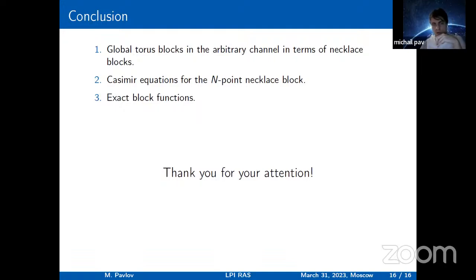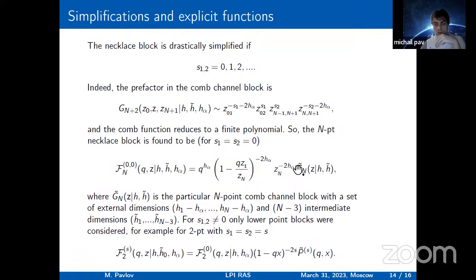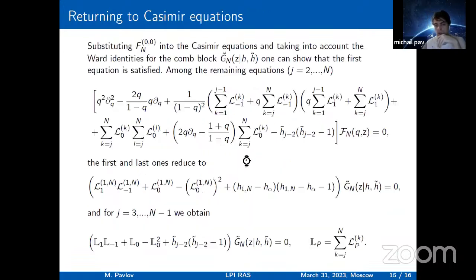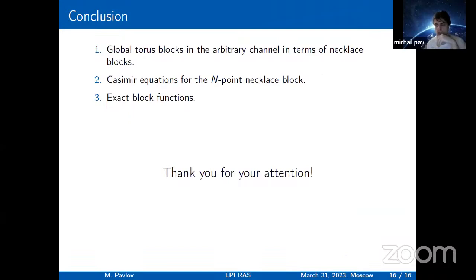Then I described ways of deriving the system of Casimir equations for the necklace blocks, and from direct calculations we obtained this block under this condition, and we checked it using the Casimir equations that we derived previously.